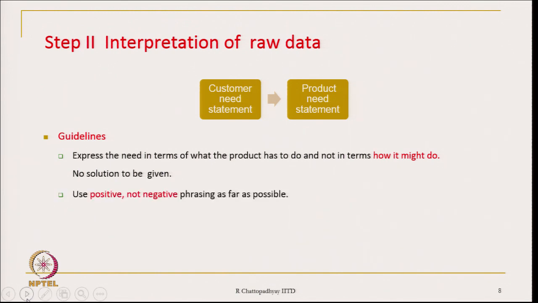Use positive, not negative phrasing as far as possible. So, try to frame the sentence in such a way that words such as no or not do not come. Express the needs as attributes of the product as far as possible.